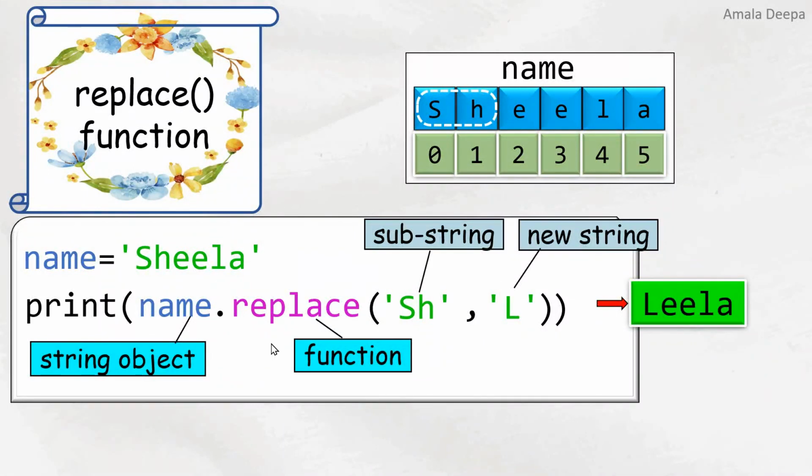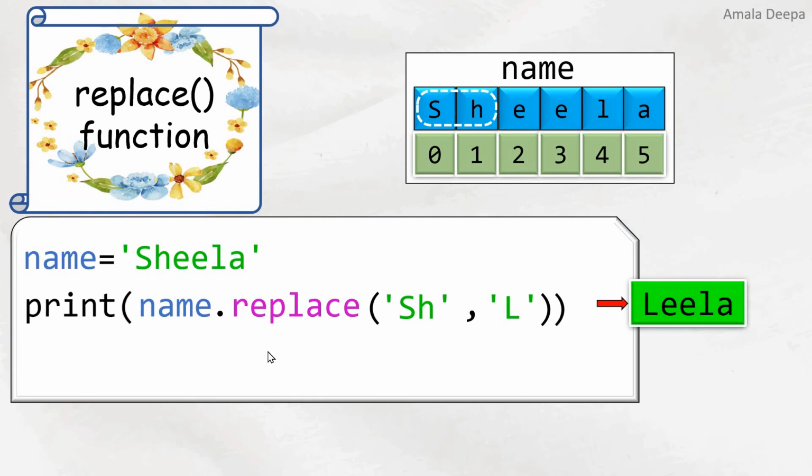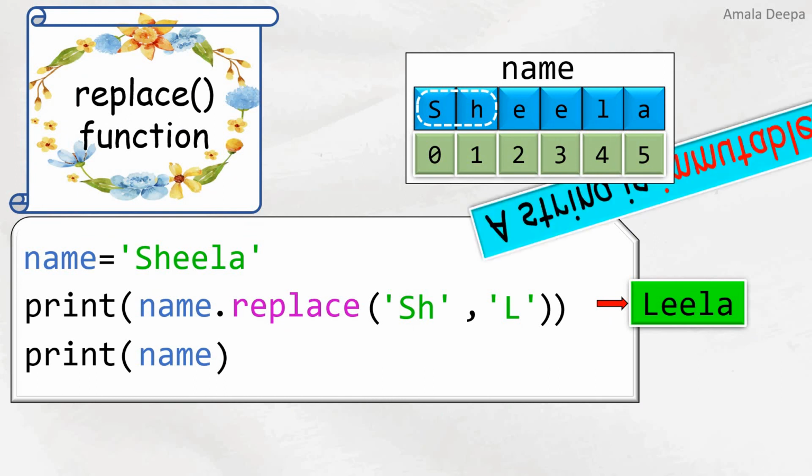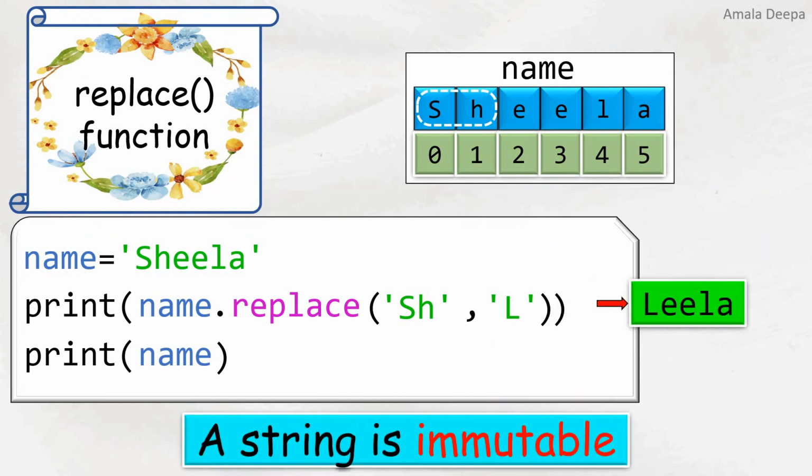After using the replace function, if I give the statement print name, what do you think will be the output? Will the replace function replace SH with L in the original string? Do you remember the fact a string is immutable? What is the meaning of immutable?